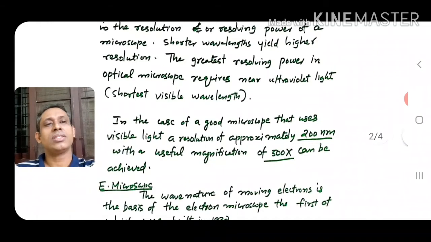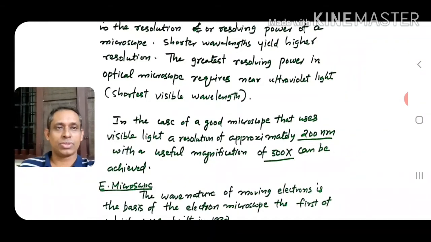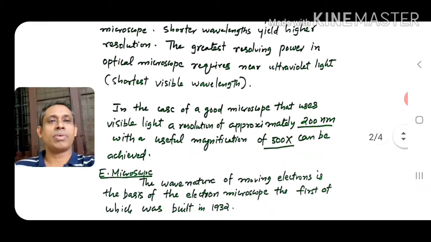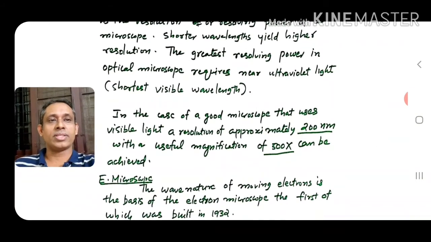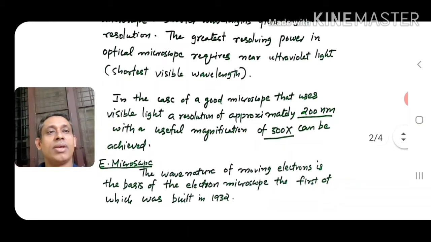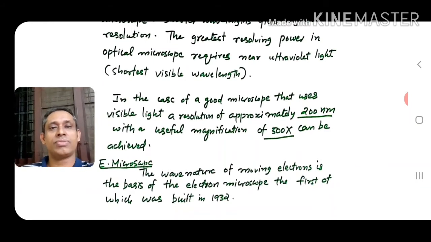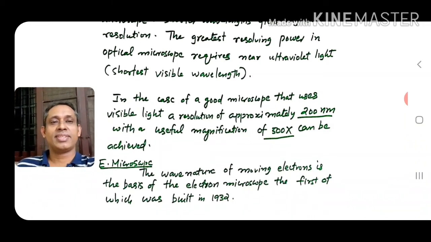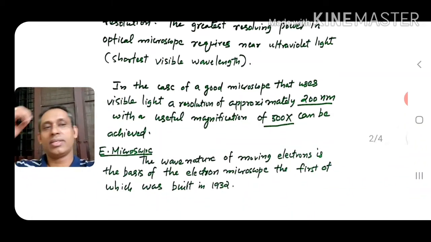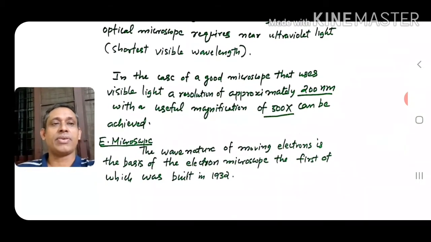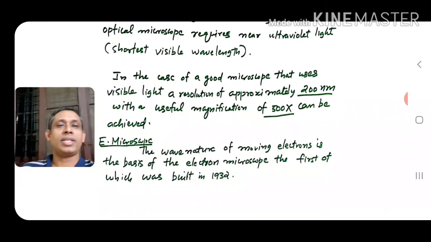So the greatest resolving power in an optical microscope, since we need shorter wavelengths, requires near ultraviolet, the shortest visible wavelength. In the case of a good microscope that uses visible light, a resolution of approximately 200 nanometer with a useful magnification of 500x can be achieved.